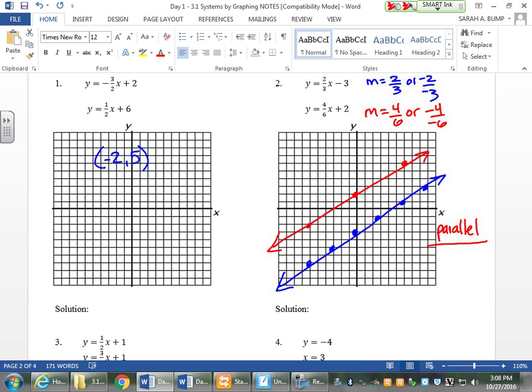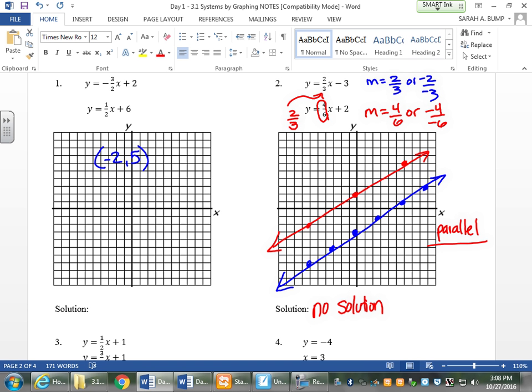And they technically were parallel right from the beginning because this slope of 4/6 wasn't simplified. If you divided those both by 2, you would have gotten 2/3, which is the same slope as number 2. And when they have the same slope, we know the lines are parallel. If they are parallel, they are never going to cross. So parallel lines have no solution. They have no point of intersection.